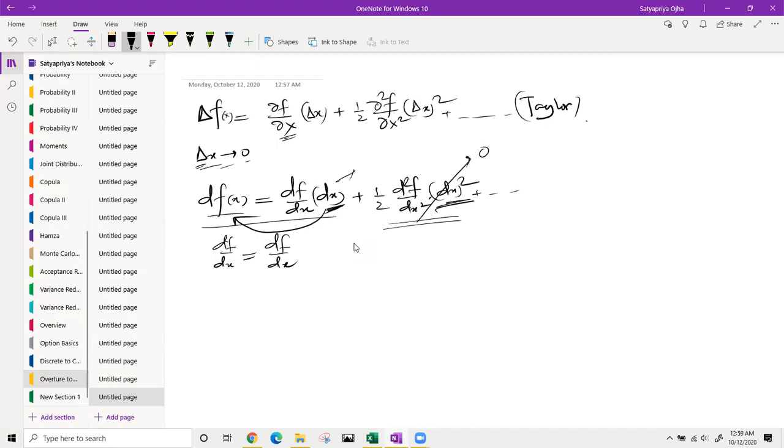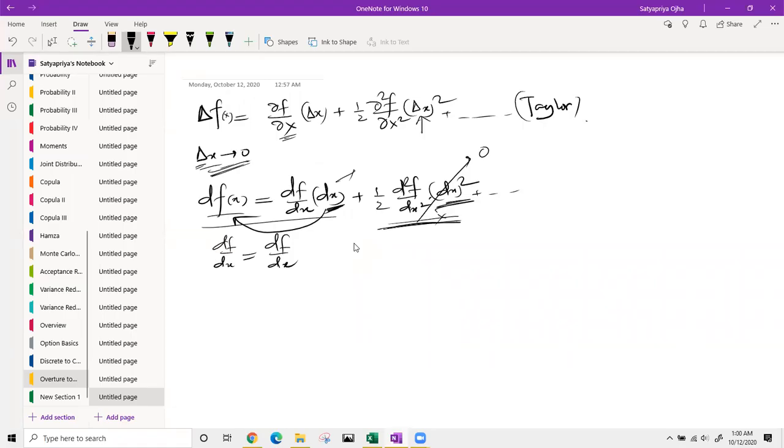When the changes are not small, we used the second term to capture the change more properly. But in differential calculus, where the change is infinitesimal, the second term never came into the picture.